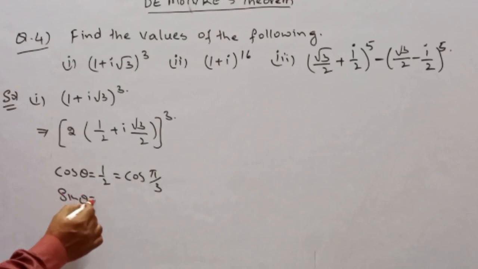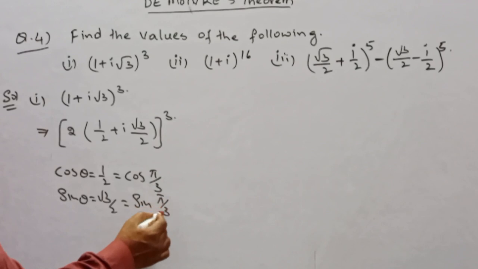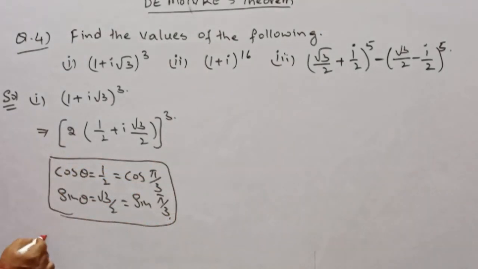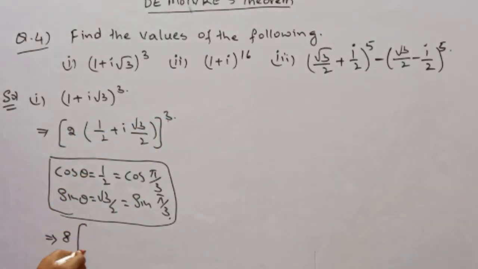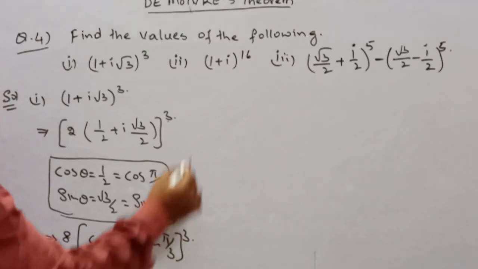Sin theta is equal to root 3 by 2, which is sin 60 degrees. Then we can write this as 2 cubed, that is 8, as common: (cos pi by 3 plus i sin pi by 3) whole cube.